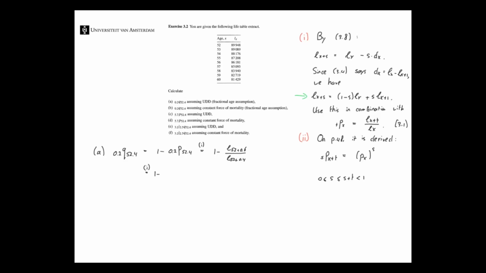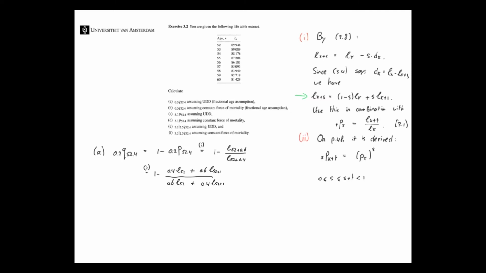So if we look at the top part for now, then we have that this equals 1 minus s, so that's 0.4 times L52, and then plus s, which is 0.6, times L53, Lx plus 1. And then the bottom we get 1 minus s, and s is in this case 0.4, so we get 0.6 times L52, plus 0.4 times L53.